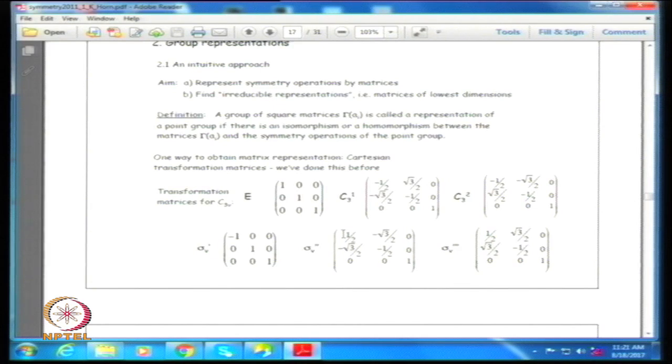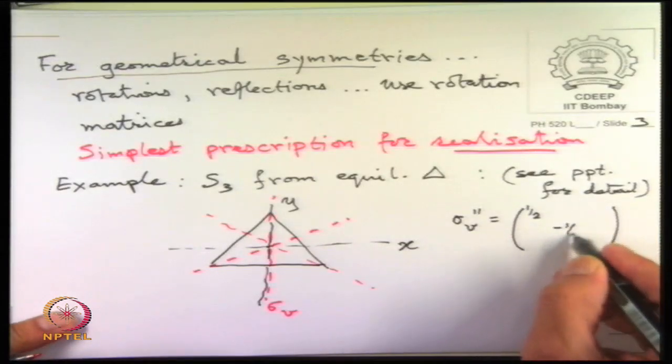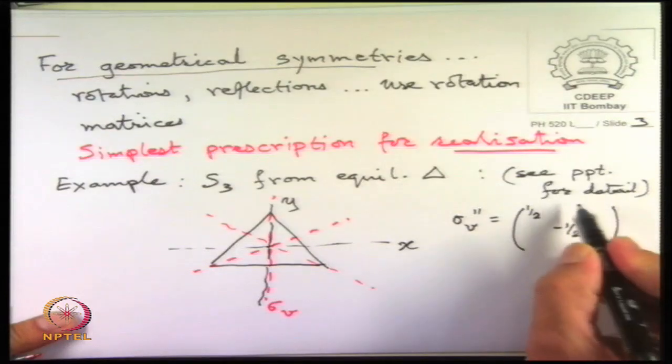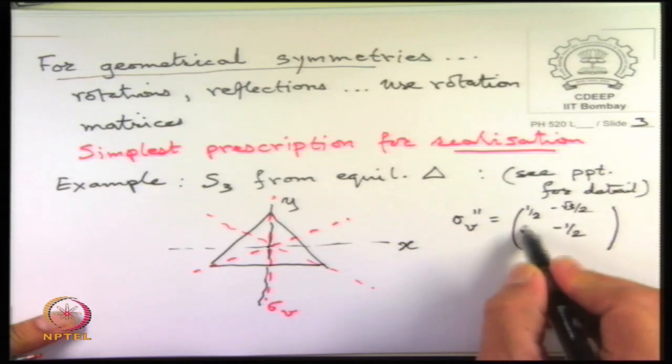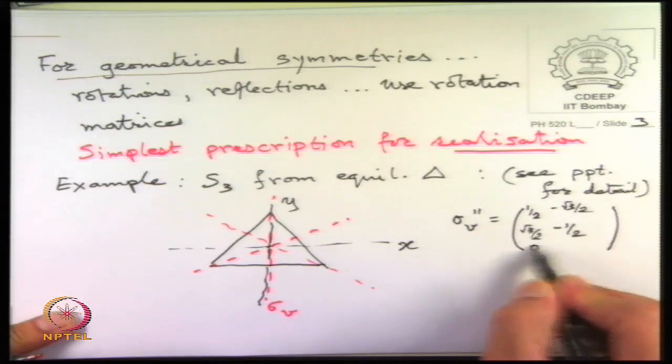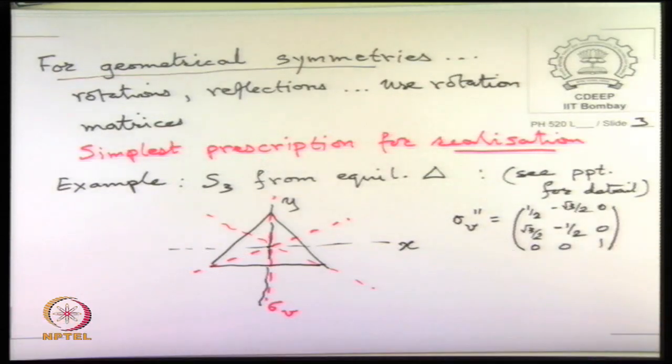Yeah, so this is sigma v, and let me write down the sigma v double prime matrix, which is half and minus half, and minus square root 3 by 2, and square root 3 by 2, 0, 0, 1, 0 and 0. So which is sigma v double prime?